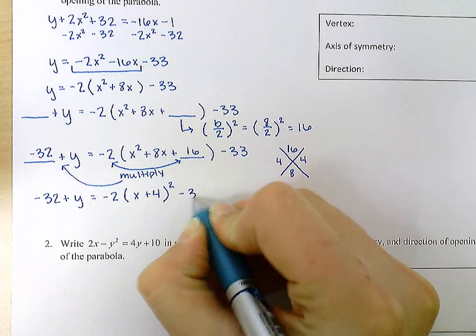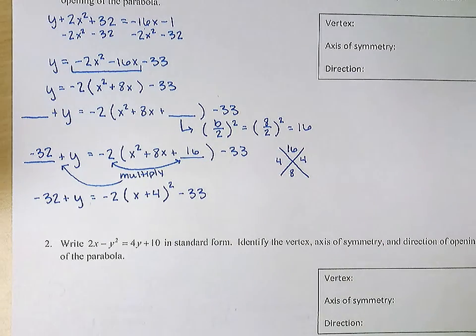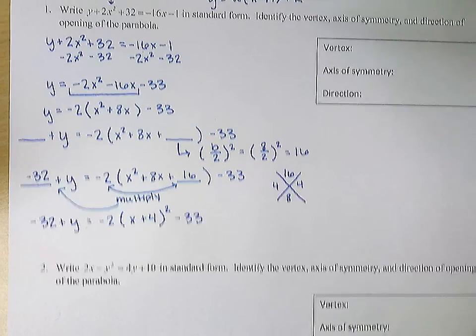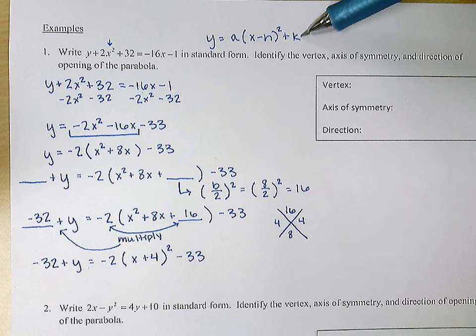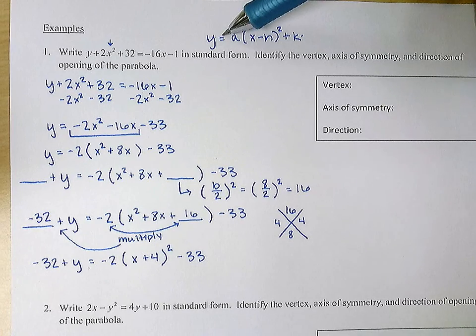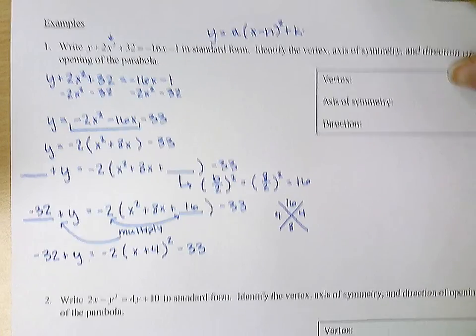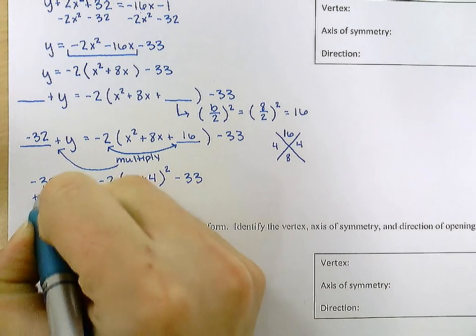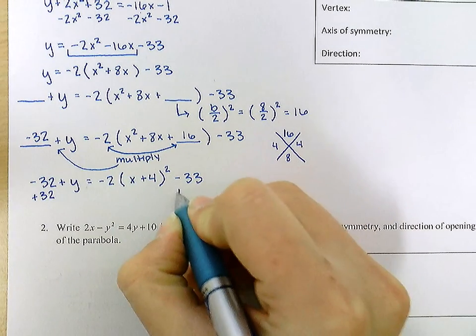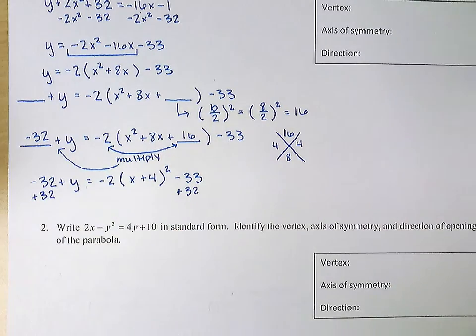And then I still have this -32. Now this is getting really close to what it needs to look like. It just needs to be a y equals instead. So to get it as y equals, I need to add 32 to both sides.